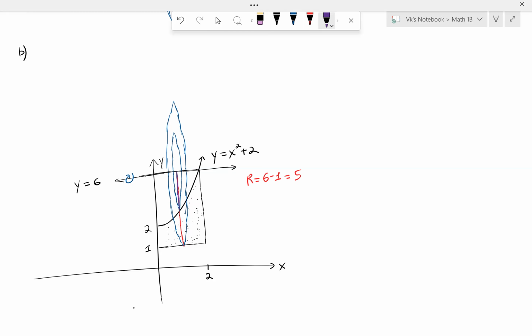This is the smaller radius. It's 6 minus (x squared plus 2), which simplifies to 4 minus x squared. And then from here, the volume is, we're going to sum up these volumes of washers from 0 to 2.